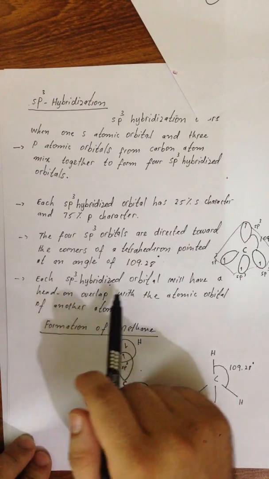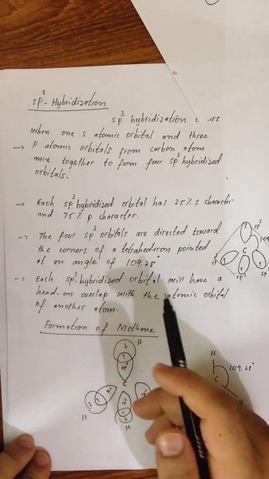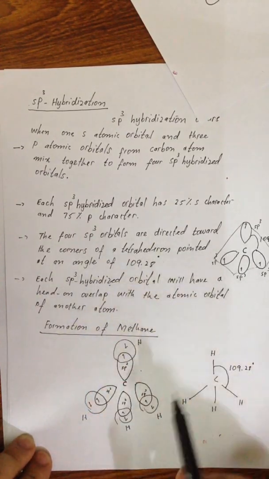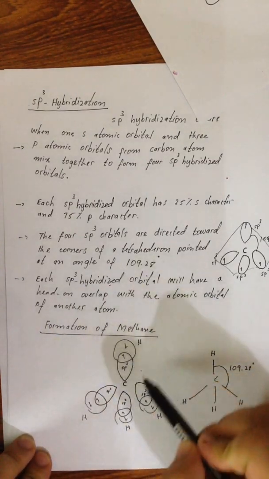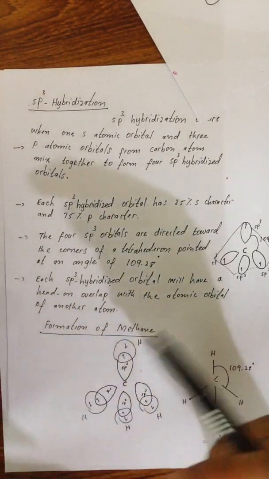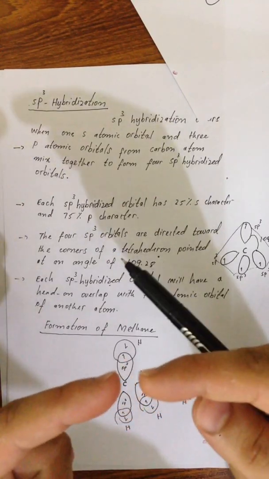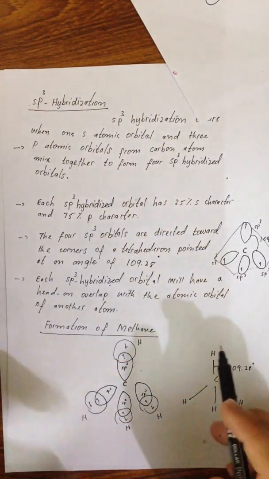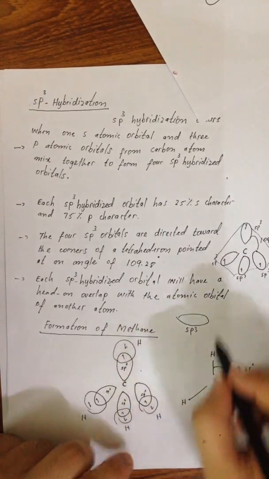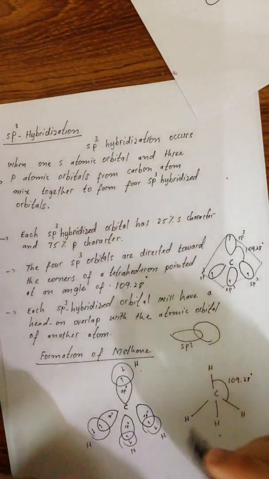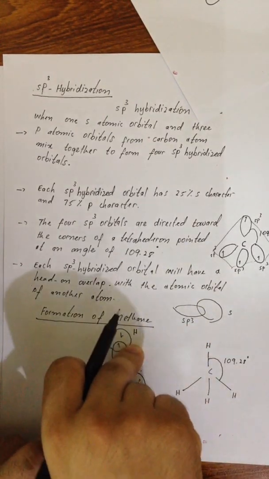Each sp3 hybridized orbital will have a head-on overlap with the atomic orbital of another atom. Just like here in the formation of methane, each sp3 hybridized orbital will have a head-on overlap with the orbital of another atom. For example, if this is an sp3 hybridized orbital, it will have a head-on overlap with the s orbital of a hydrogen atom.